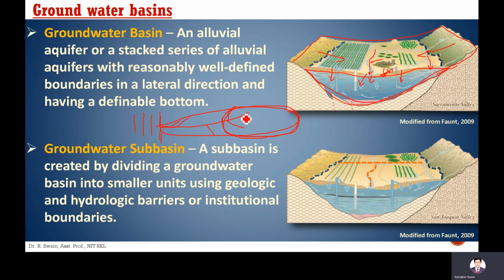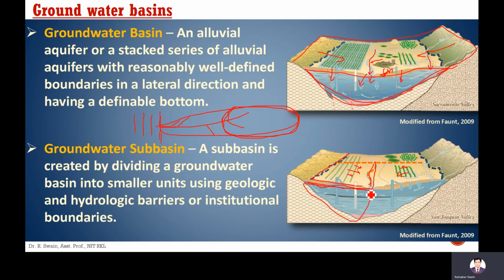Similarly, in case of groundwater, there will be a subbasin of groundwater, meaning part of the groundwater basin. Part of the whole groundwater basin is called a groundwater subbasin. If we take this part, this left side and this right side, its flow is occurring here. If we divide this, the water will flow in this region.